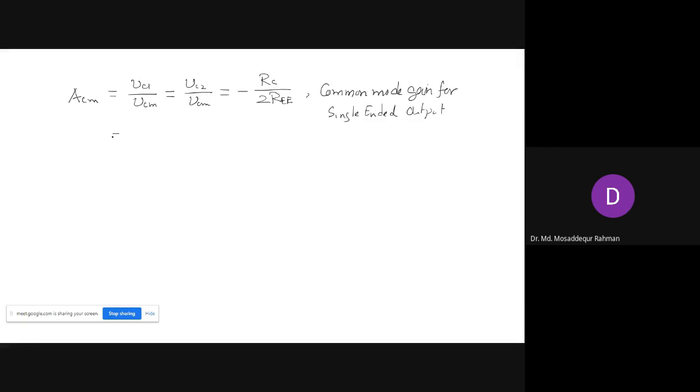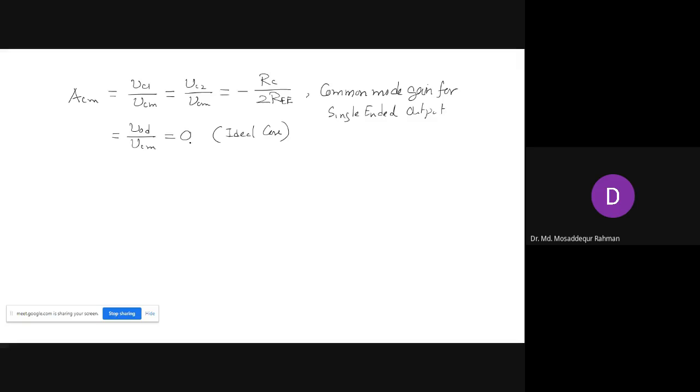When the other one is VOD by VCM, common mode gain for differential output, that is 0, assuming everything is identical, which we call the ideal case, right? So we'll not go into the non-ideal case now.